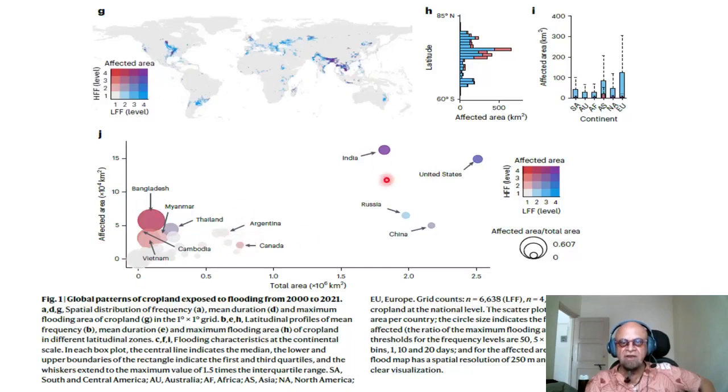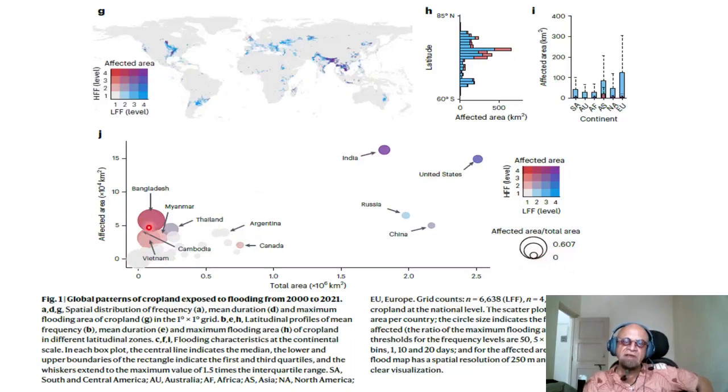Canada is down here. India is way up here with high total area and high affected area, which is clear in these maps that we have already looked at. United States is here with both high total area and affected area, Russia, China and so on. So if you look at affected area versus total area, you can see the size of the circles that are shown here.